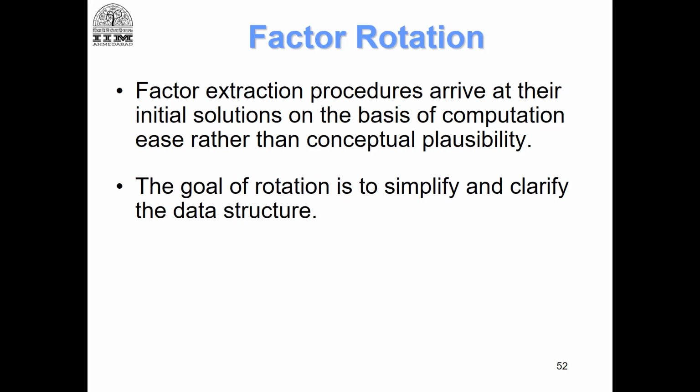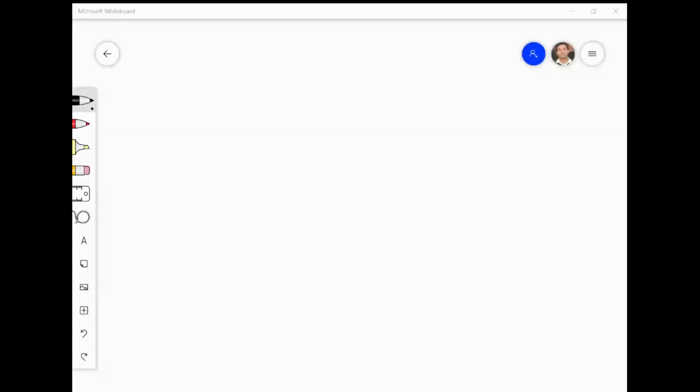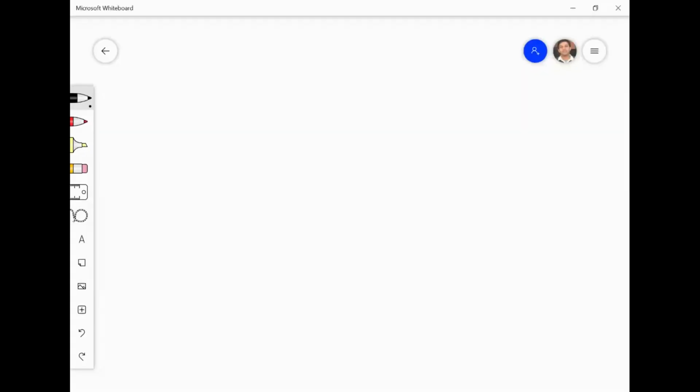The goal is to simplify and clarify the data structure. That is, the major factor on which a particular item is going to load, and that is what we achieve using factor rotation.